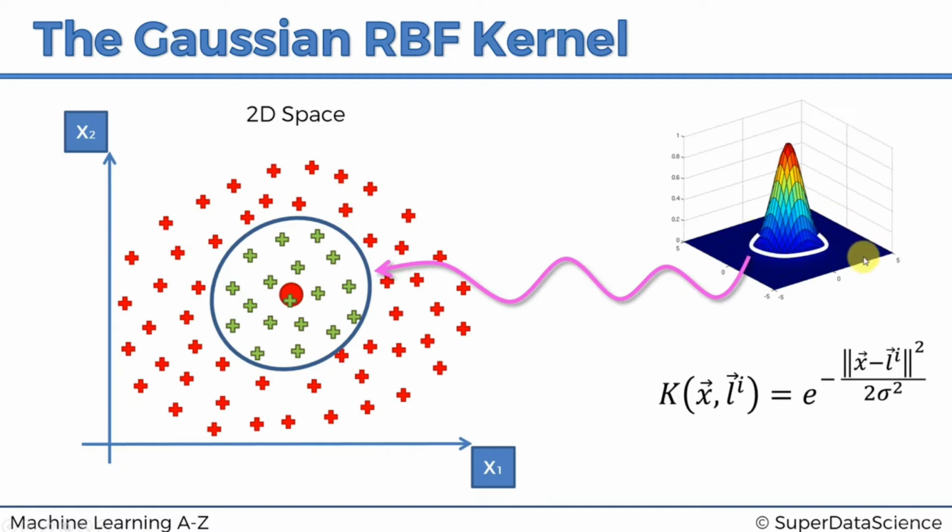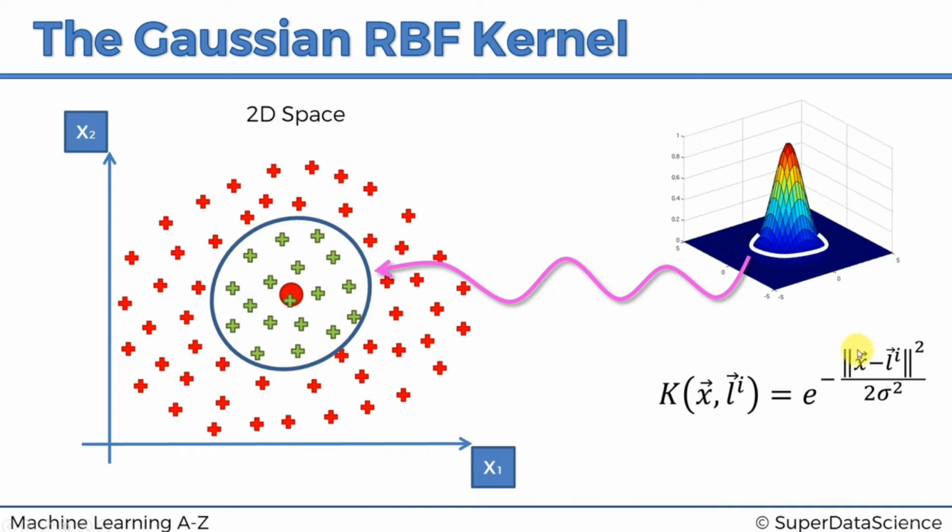Anything outside the circumference, all of this blue stuff, so basically all of these red points, will get a value of 0, or a value very, very close to 0, if you apply this function. If, on the other hand, any point falls within the circumference, based on this function, it'll get a value of above 0. And that is how we can separate the two classes, the green from the red.